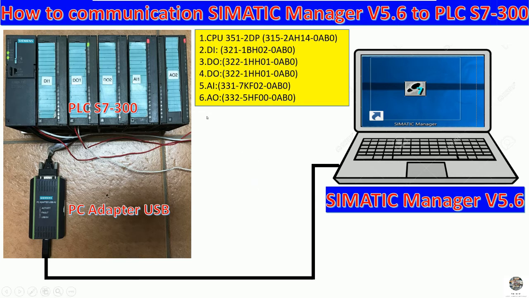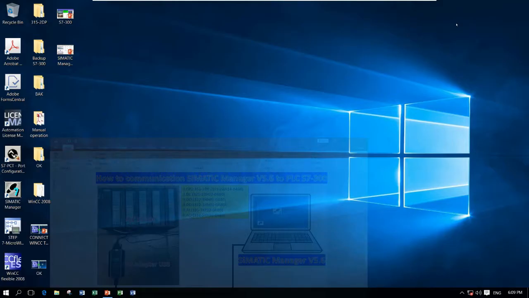So we will continue, yes. We must create the hardware configuration from our software and then download to the hardware. Okay. So let's go to our software, SIMATIC Manager, yes.